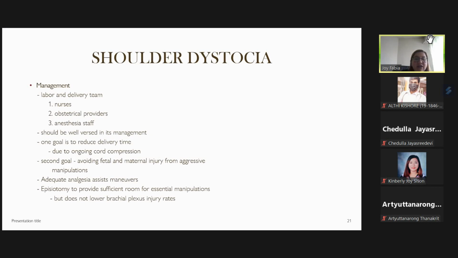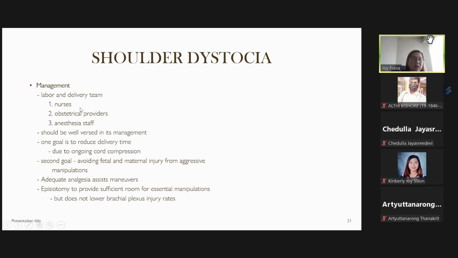But of course, there are cases, especially in government hospitals, where we suddenly come upon patients who really have big babies. So, we cannot always avoid it. But it is very important that we have a complete labor and delivery team.